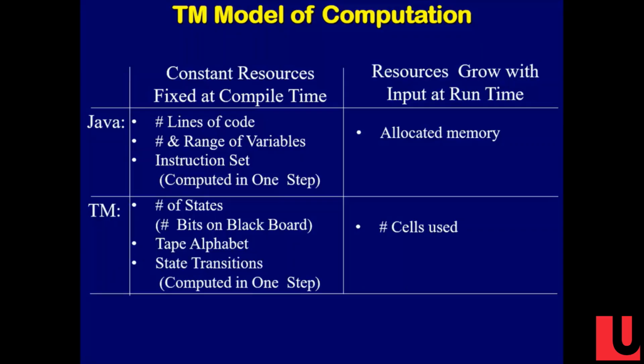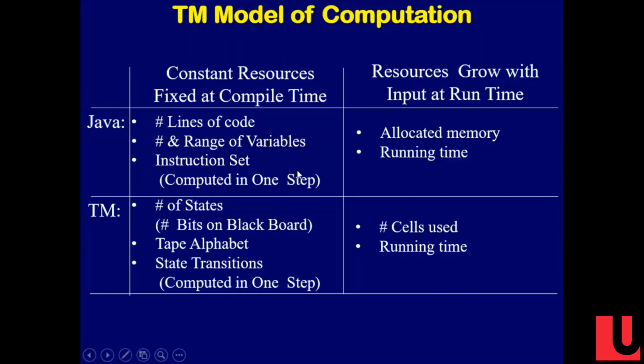So when we say there exists a machine, what we're saying is you have to decide how many lines of code there are, the range of your variables, your instruction set. You have to decide how many states there are, the transition functions, what you can do in one time step. You have to decide that right there.